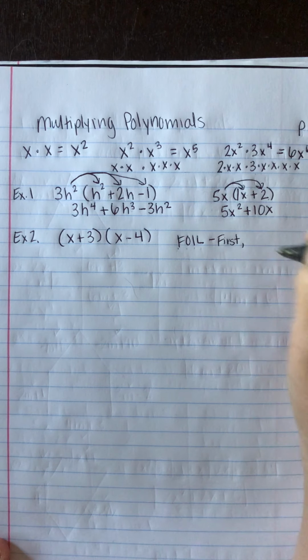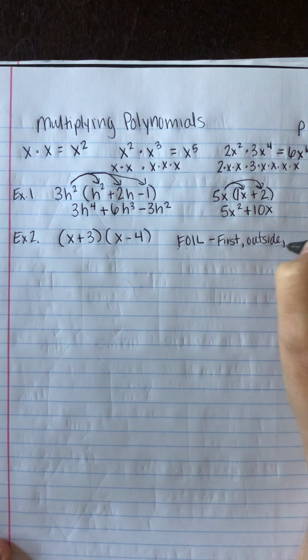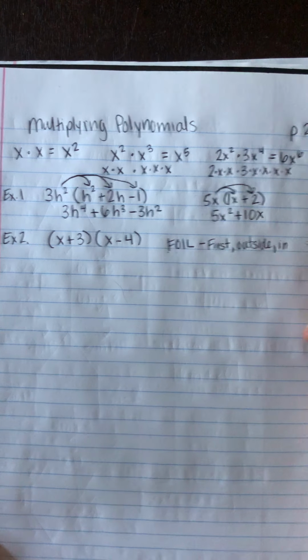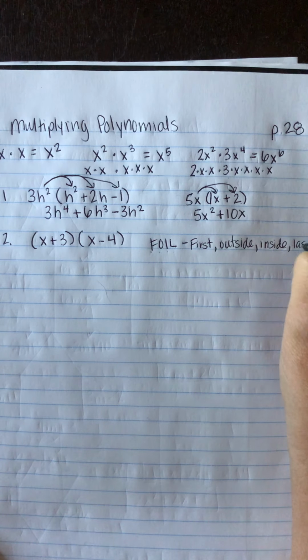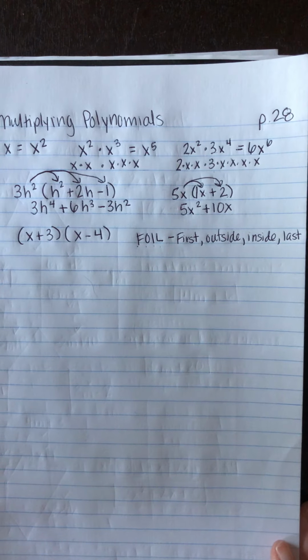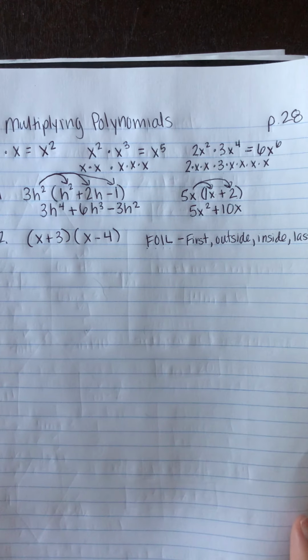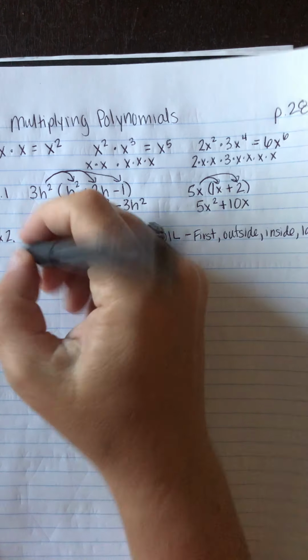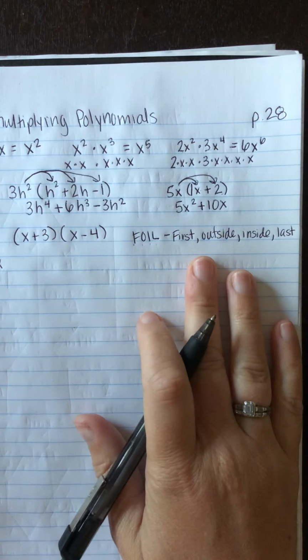First term times first term, outside term times outside term, inside times inside, and last times last. Okay? So we can use that method. The other method we talked about was the box method, so I'm going to show you both ways again today. The box method will be down here. All right, so we're going to do FOIL first.